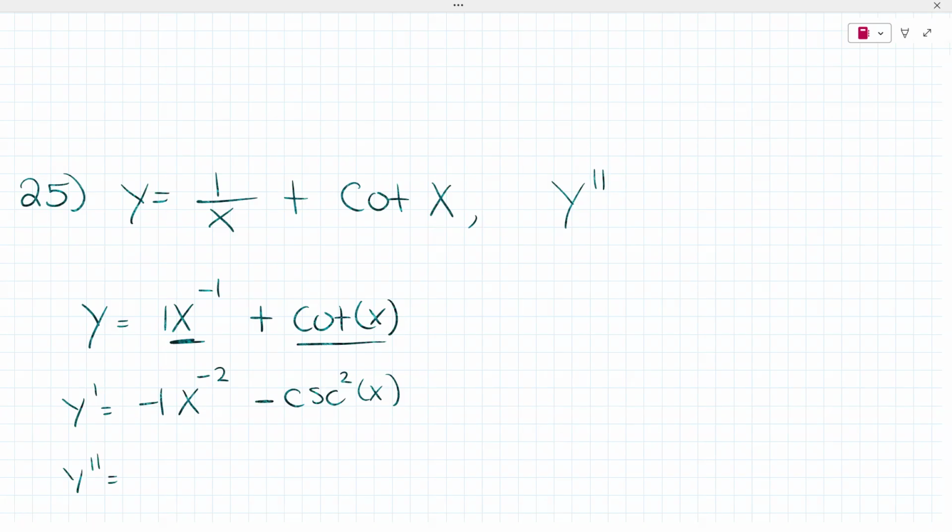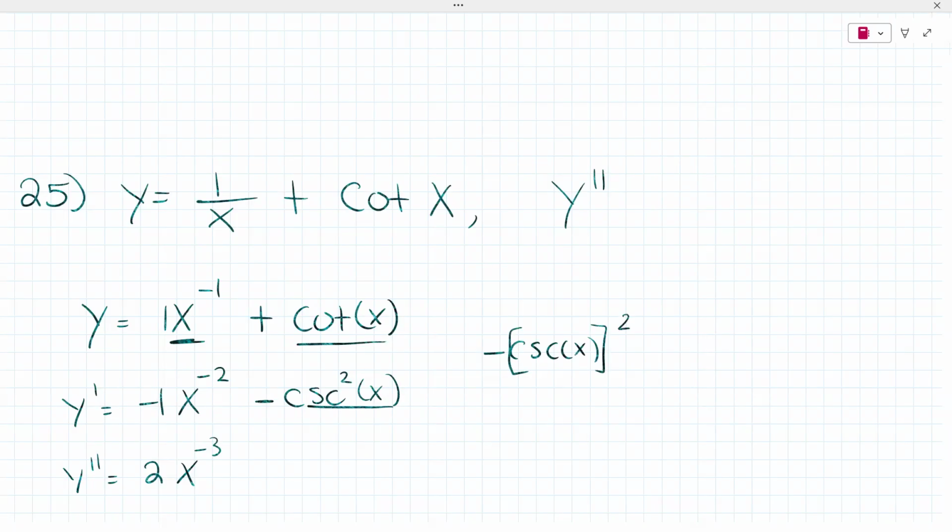So over here, negative 2 times negative 1 is positive 2, x, and then the old power minus 1, so negative 2 minus 1 is negative 3. Now, how do I take the derivative of negative cosecant squared? Negative cosecant squared is the same thing as negative cosecant of x, to the power 2, right?